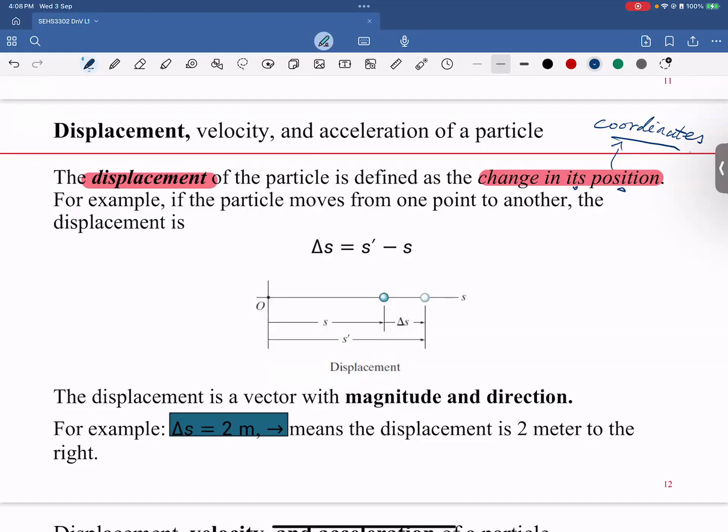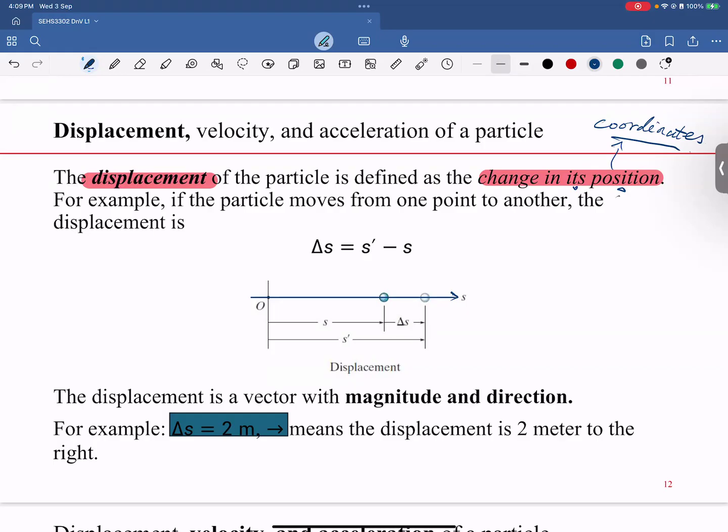If we give the coordinates of a specific point, we can link it with a particle's position, right? Just as here, we have a s-axis, right? This is a one-dimensional axis. Based on this axis, we can talk about position, right?